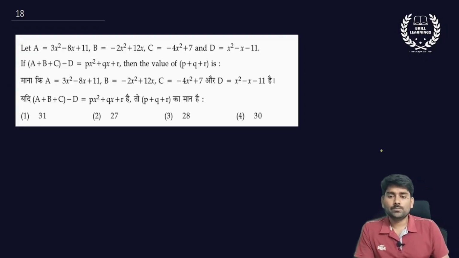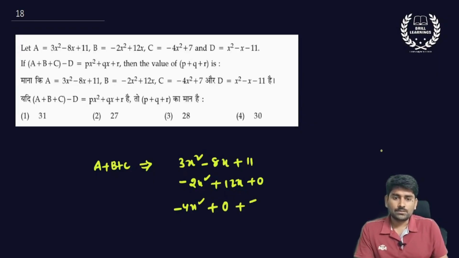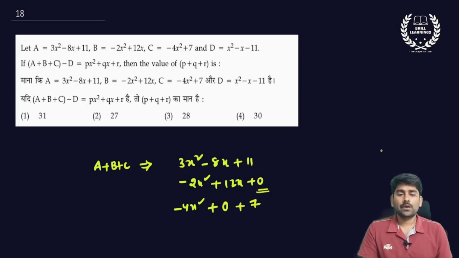First do a plus b plus c, which gives us 3x square minus 8x plus 11, plus 2x square plus 12x plus 0, plus 0 plus 7. In the second equation, they haven't given a constant value, so I have taken 0. In the third statement, they haven't given the coefficient of x, so I have taken 0 here.